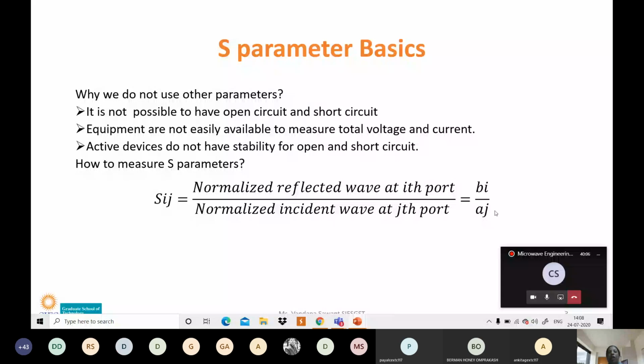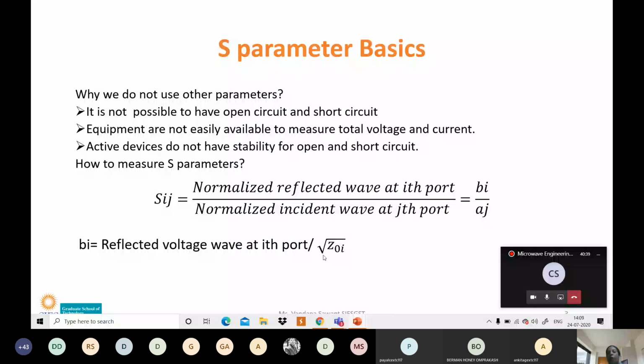Then how to measure the normalized reflected wave at any port? That is, how to measure Bi? What is the formula for Bi? Bi is the normalized reflected wave at port i. It is the reflected voltage wave at the ith port divided by the square root of the characteristic impedance of port i. The characteristic impedance is indicated by Z0, and as we are measuring at port number i, we write Z0i.